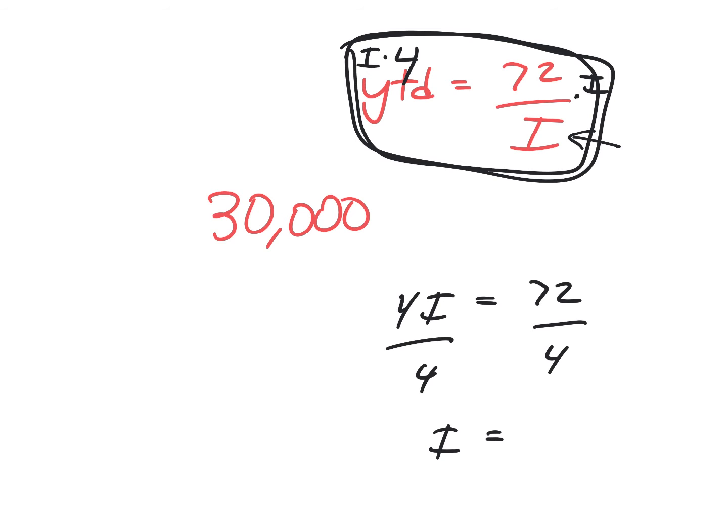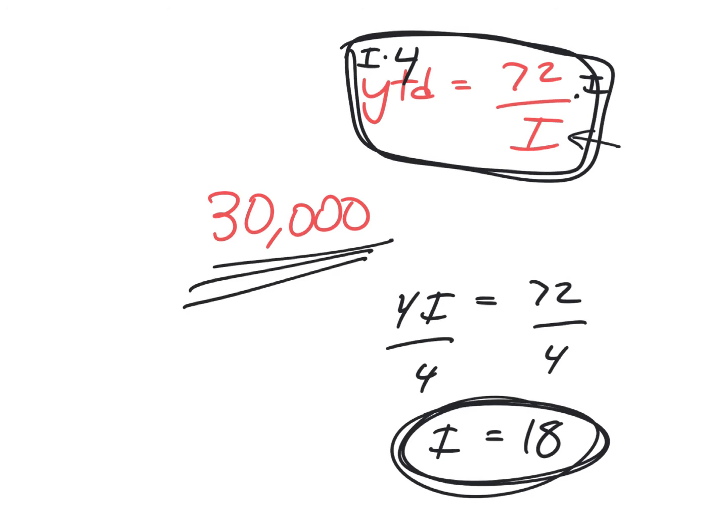So I'm going to stop at this point and say, if you aren't interested in how this cool 72 works, I'm not going to force you to understand it. You'd need 18% interest to get your $30,000 to grow and double in 4 years.